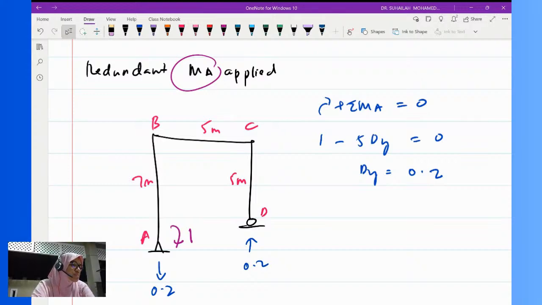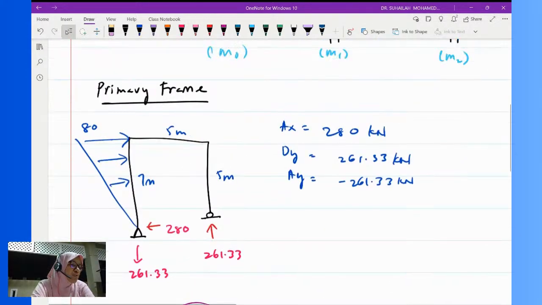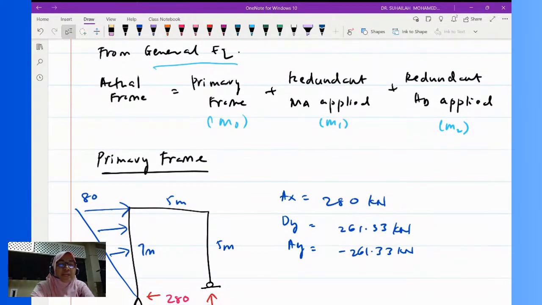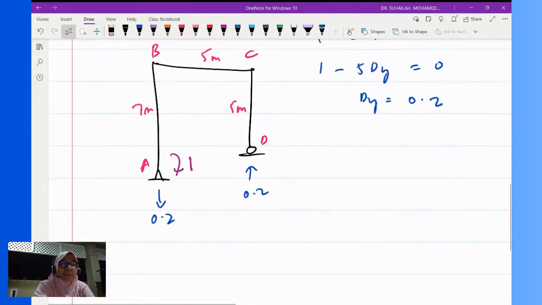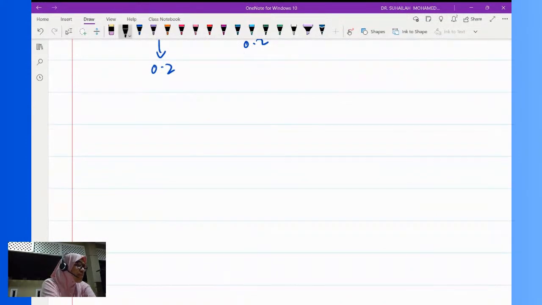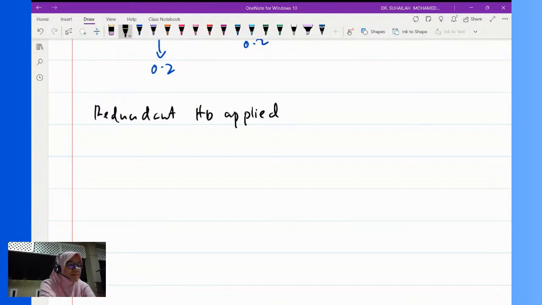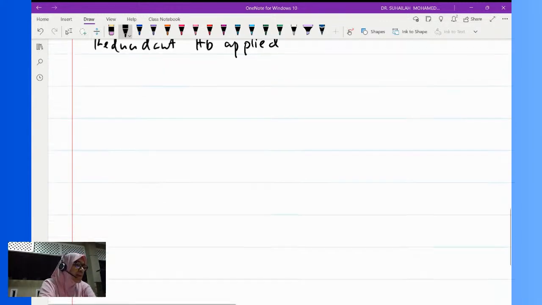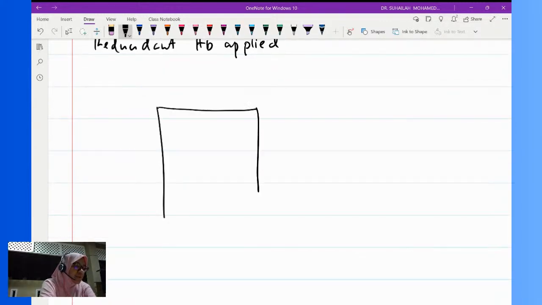Next, refer back to the general equation. The third one is redundant HD applied. We will have the same type of frame with the same support.